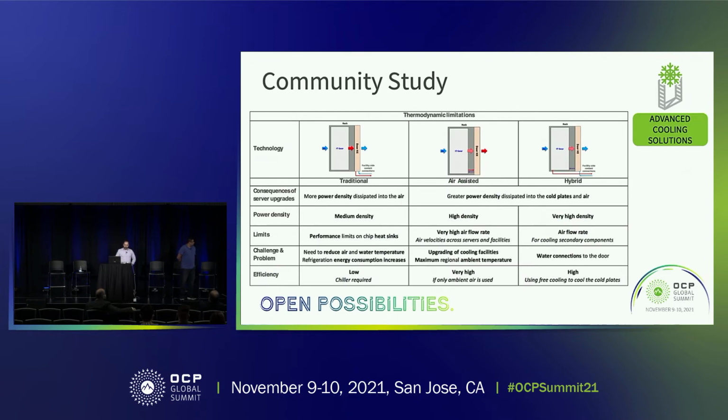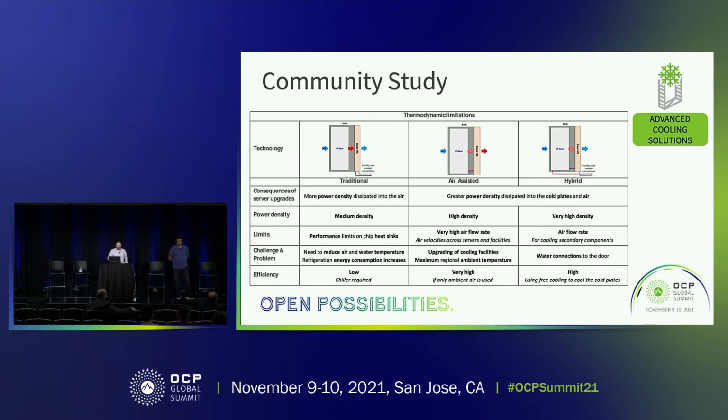Well, if the power density increases in the traditional rear door, you are increasing the power into the air. Therefore, the maximal density of the racks could increase, but not too much, because there are some limits because of the performance of the heat sinks.